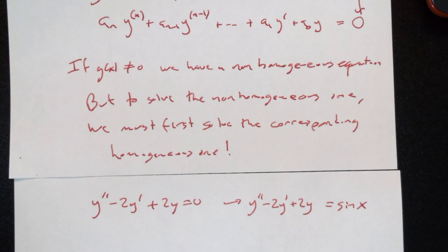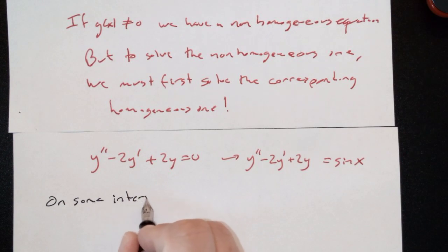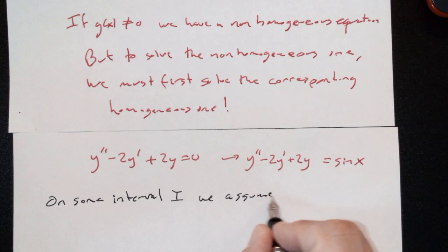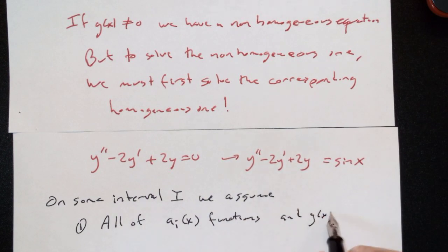Okay. I'm going to make the same two assumptions I made for my initial value problem. On some interval I, we assume all of the a_i of x functions and g of x are continuous.